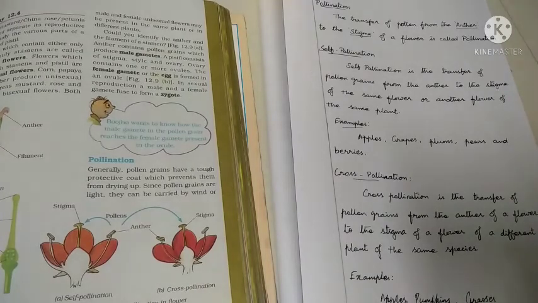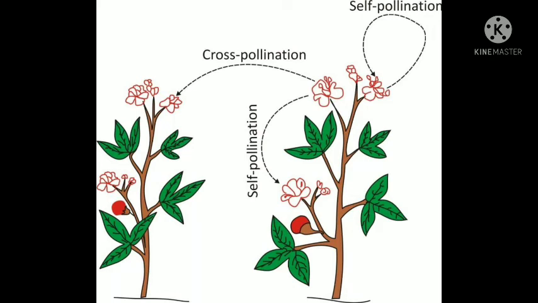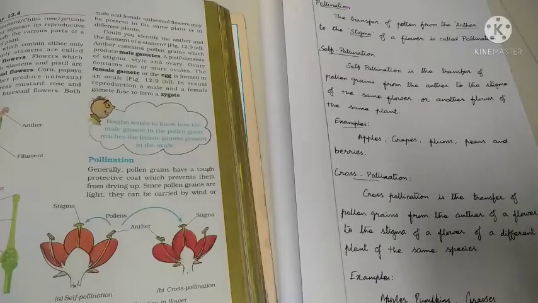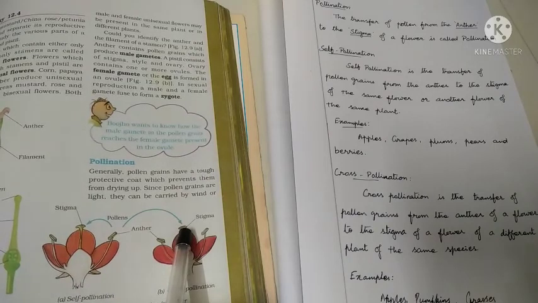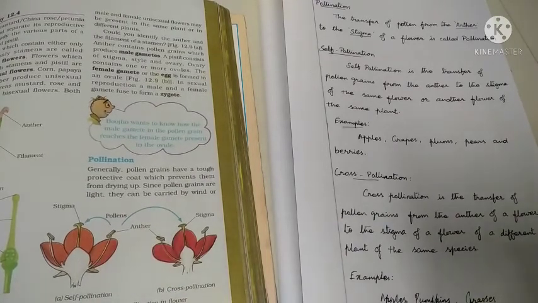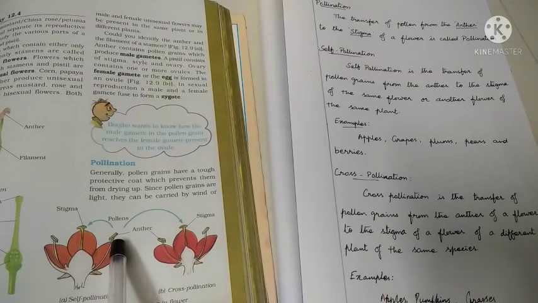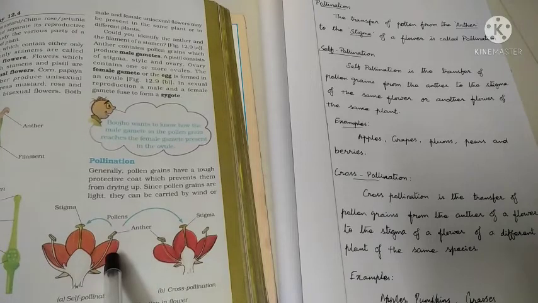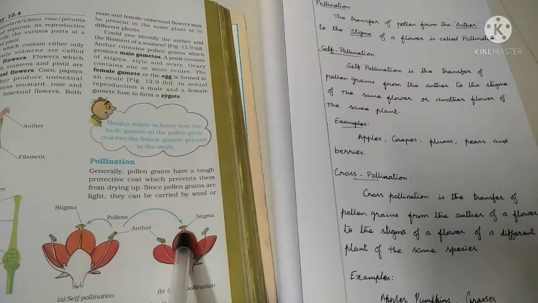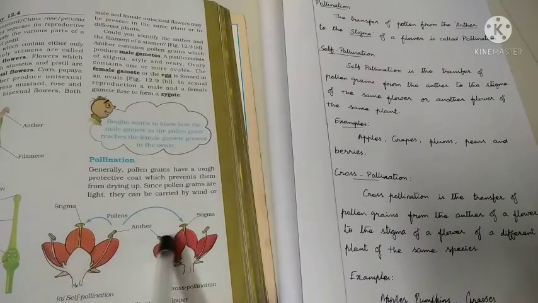Now let us study cross-pollination. Cross-pollination is the transfer of pollen grains from the anther of a flower to the stigma of another flower, that is, a different plant of the same species.